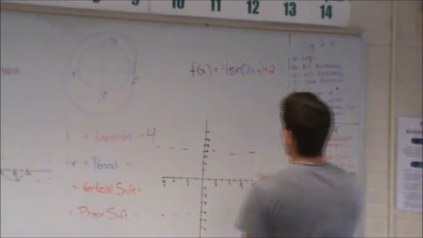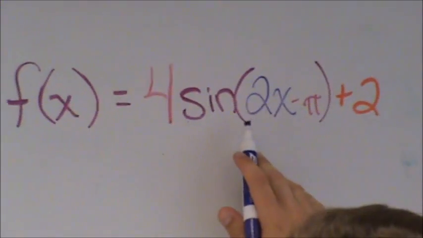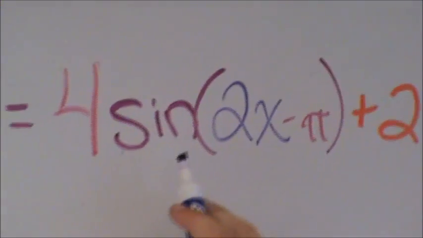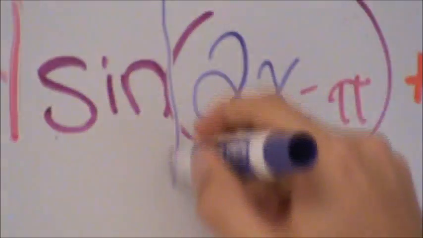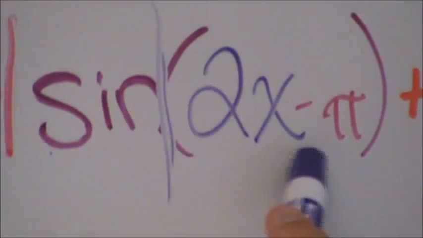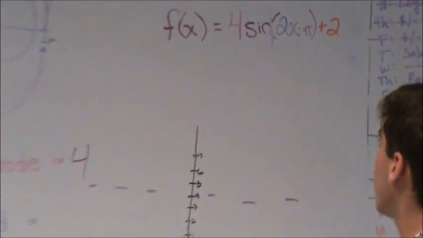Then this one is a little more tricky, because where this period usually shows up is in between. It's usually right here, in between the sine and the x value. Because there was nothing over there, you assume it to be 1, pretty much.